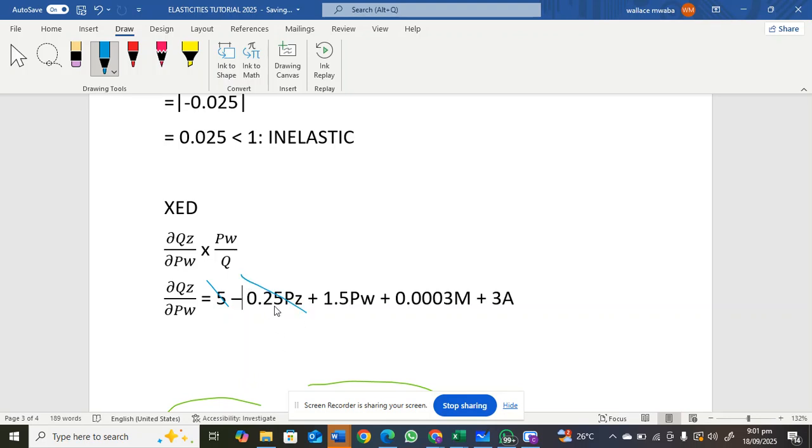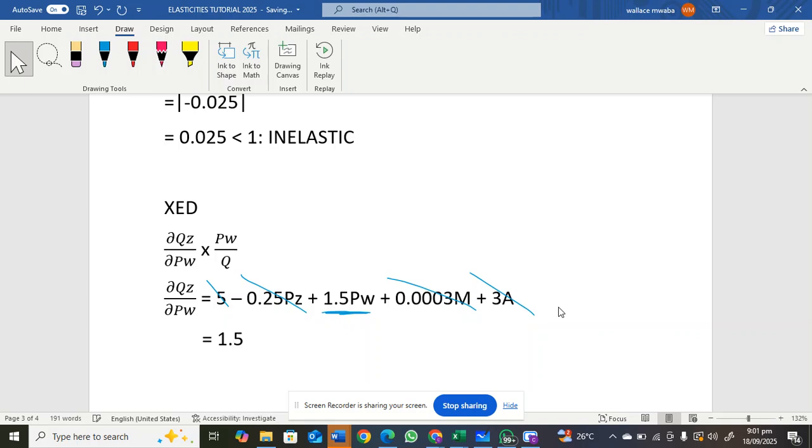Negative 0.25 doesn't have a PW. 0.03 doesn't have a PW. A doesn't have a PW. So we're deriving this 1.5 PW. The trick is to just remove the PW and your answer is 1.5 here.